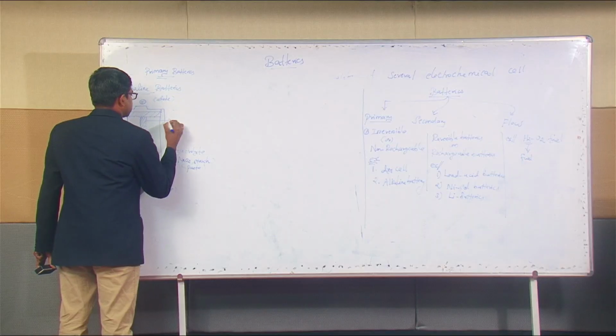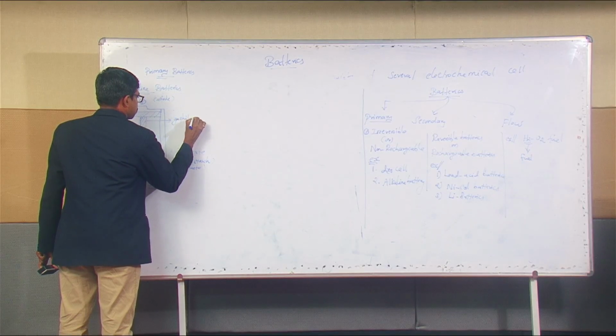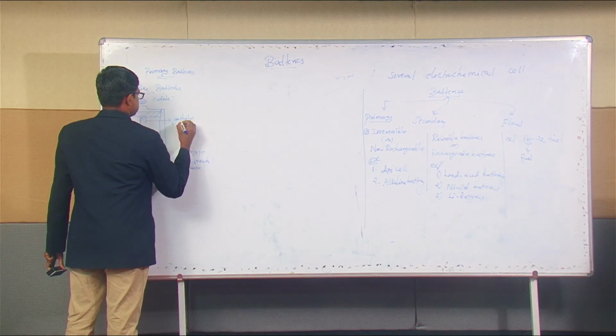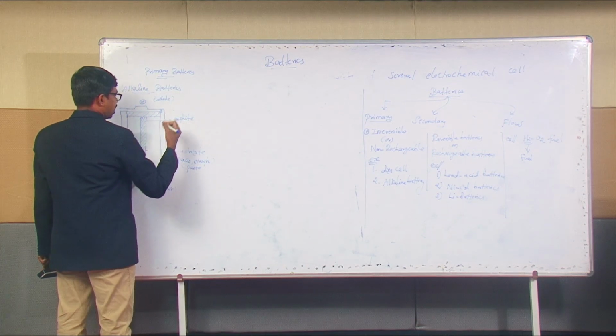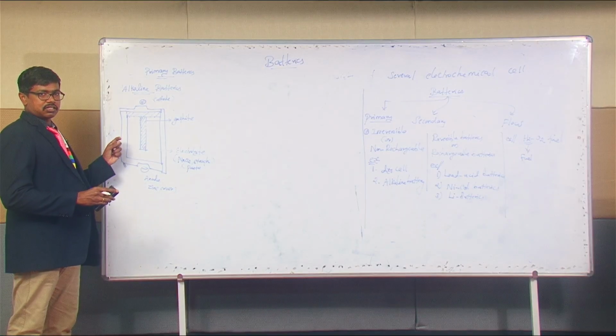A carbon or graphite rod is placed in, which acts as an inert electrode that conducts only electrons.